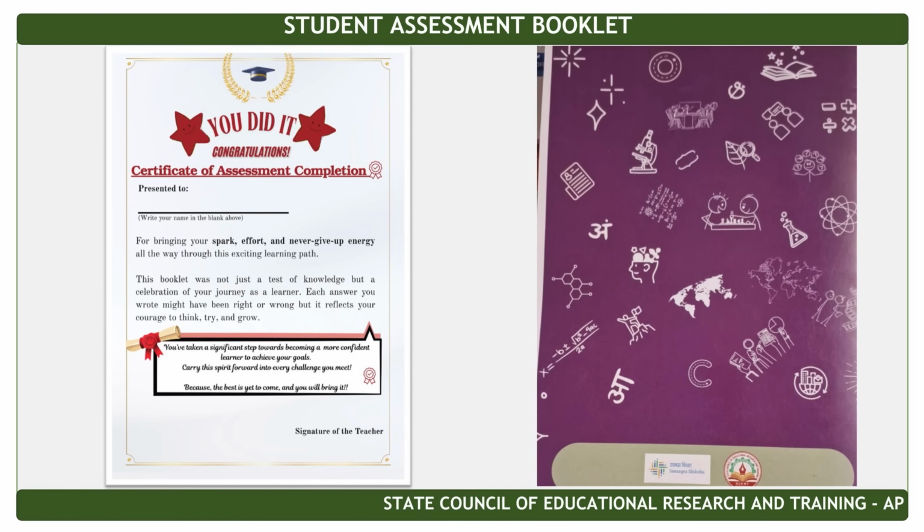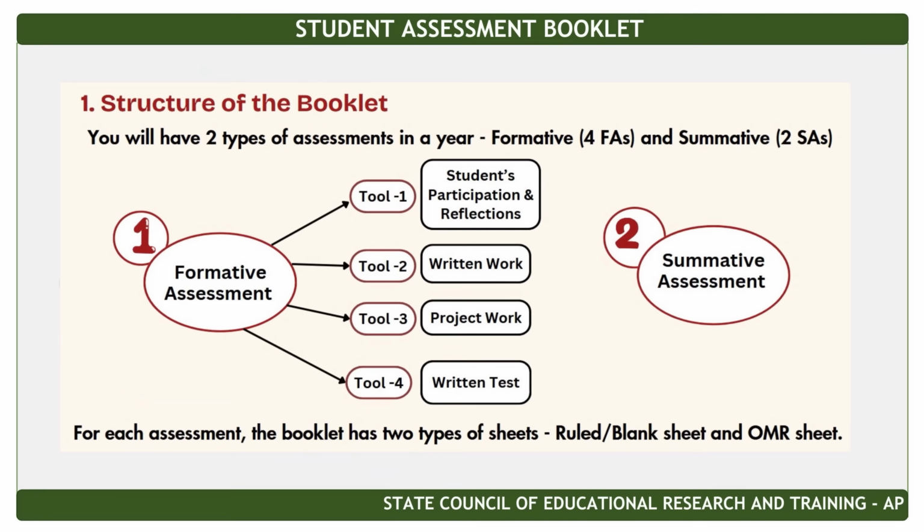At the end, the student assessment booklet contains this certificate of assessment completion. This will be signed by the teacher, and this is the last page of the assessment booklet, the cover page.